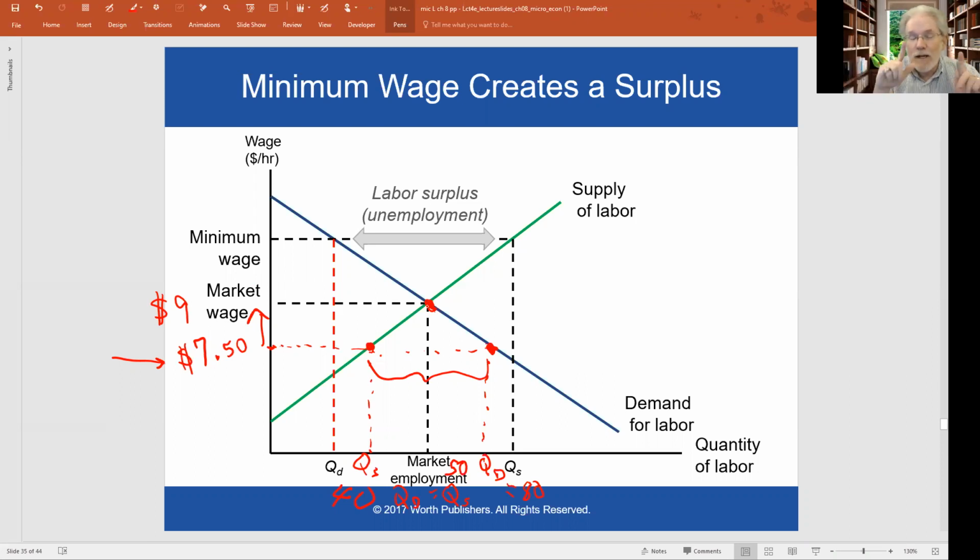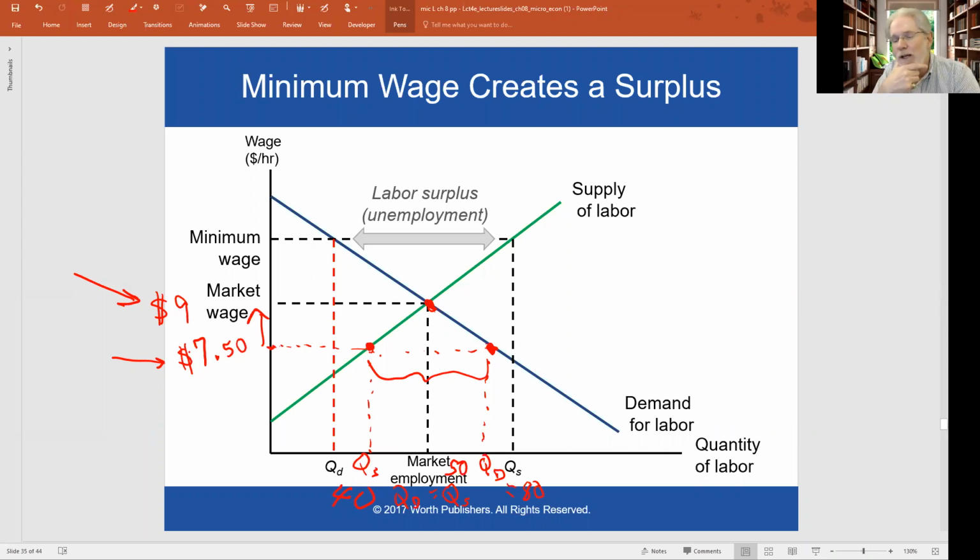What you got to see is, the question you have to think about is, does a minimum wage law of $7.50 prevent the wage from going up to the equilibrium? And the answer is no, because employers will voluntarily choose to pay $9 an hour under these conditions.